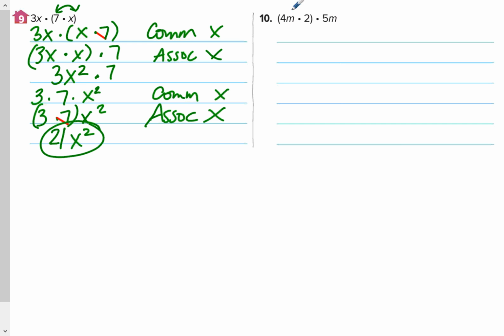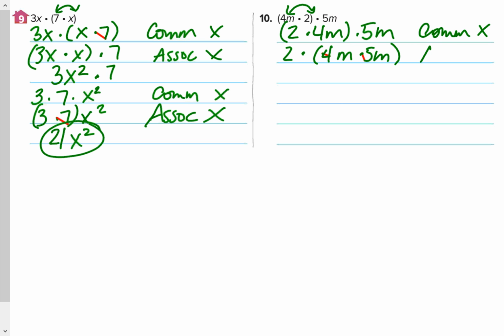All right, here's my last one. Again, I want my numbers and my letters together. So I'm going to switch the order of this. So 2 times 4m times 5m. That's my commutative property of multiplication. Now I want to group my letters together. So 4m times 5m. That's my associative.